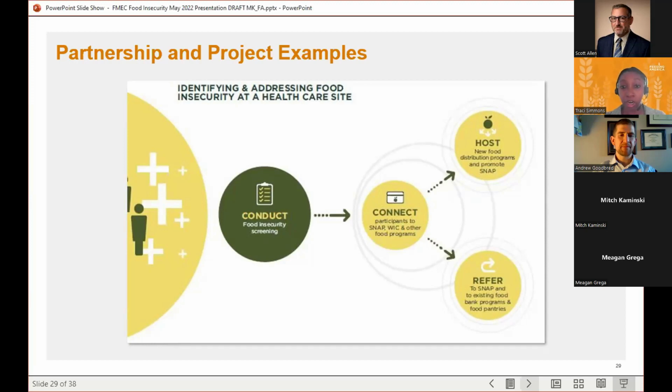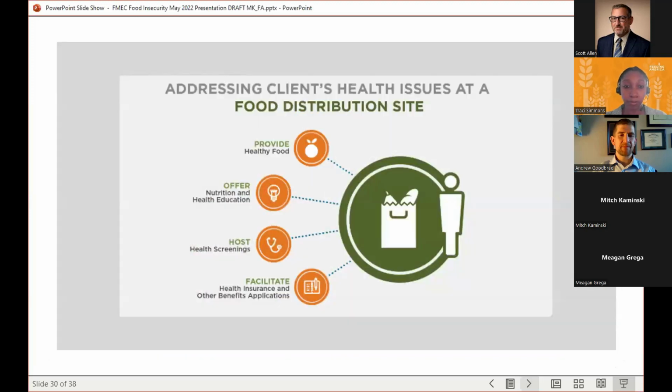From there, we are also meeting their immediate needs as they're coming through the system, either by offering food distributions on site at the healthcare setting, or again, referring them to community-based programs to receive those food boxes and food supports. Here's just another illustration of a broad range of activities that food banks and their healthcare partners are offering, things from nutrition education to screeners.